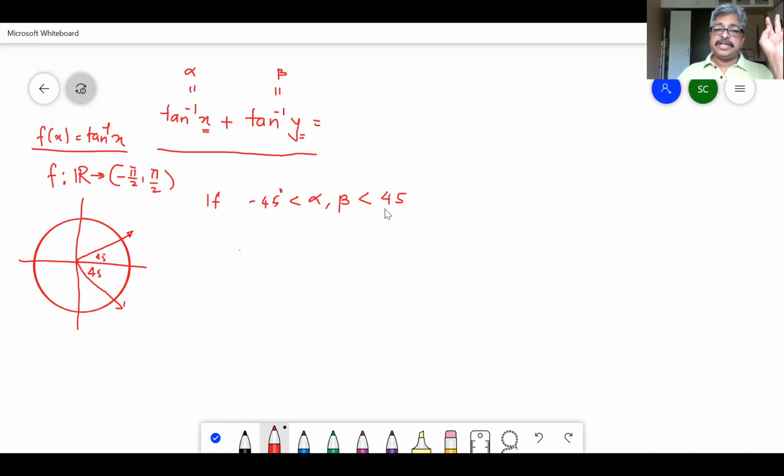So this is the safest condition, to have alpha and beta between minus 45 and 45 degrees.